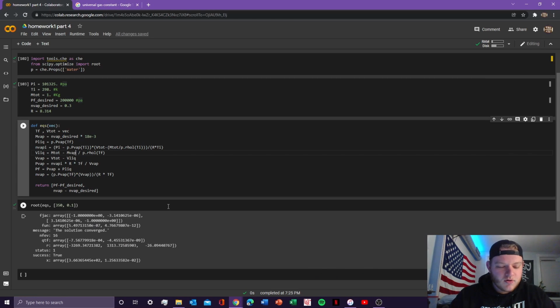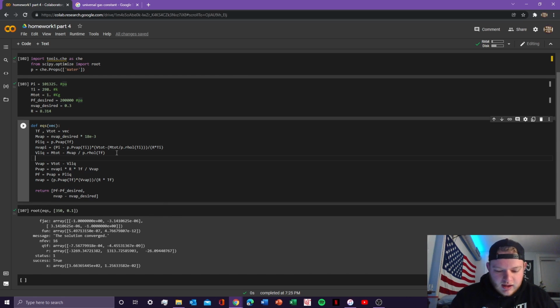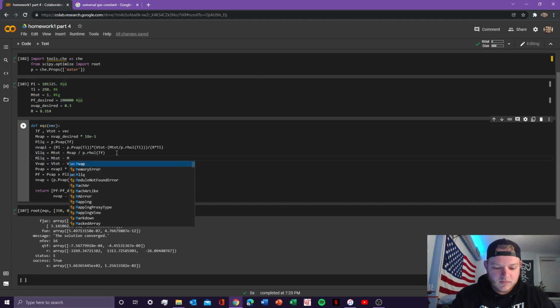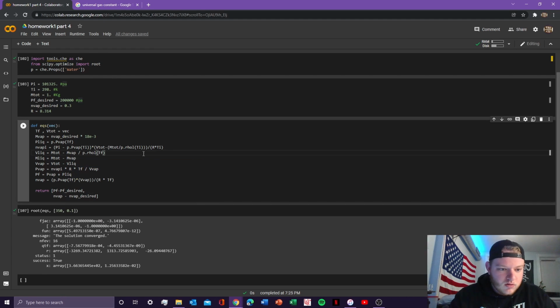Okay. After a long time running, I discovered the solution to my issue. You see here, I didn't ever specify what the mass of liquid was. So let's put that in. So mass of liquid is mass total minus mass of the vapor. So now that we have that, this needs to be above this.